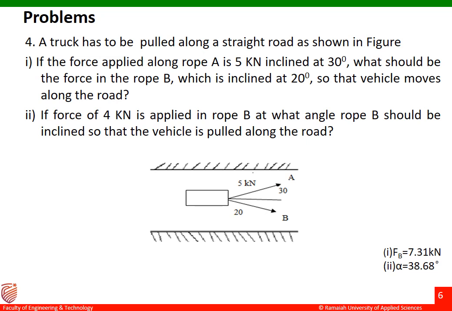So let us find out the solution for the same problem. If a 5 kilonewton force is acting along A, making an angle of 30 degrees, what should be the force in B if it is making an angle of 20 degrees?